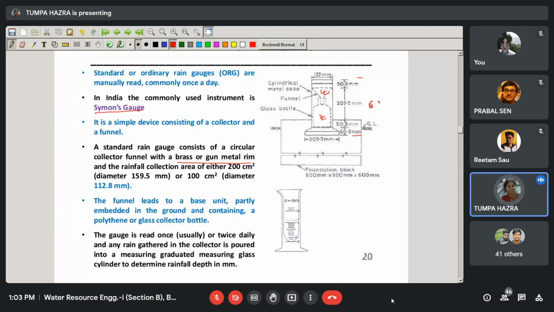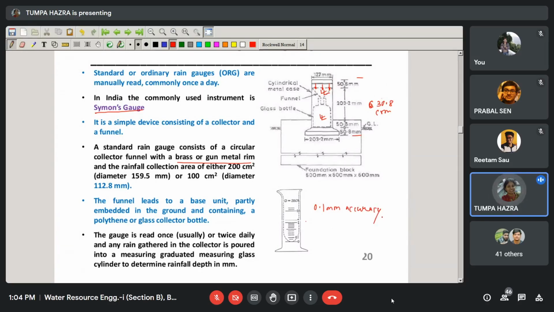Whatever rainfall is collected through this funnel is stored within this collector, and the collected rainfall is measured by this measuring cylinder at 0.1 millimeter accuracy.